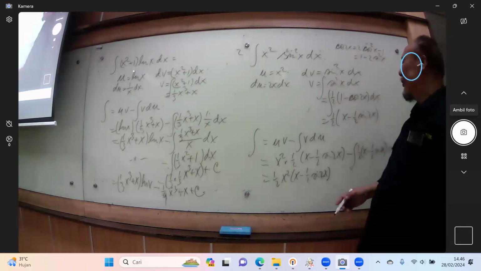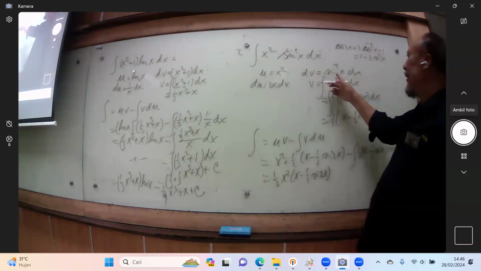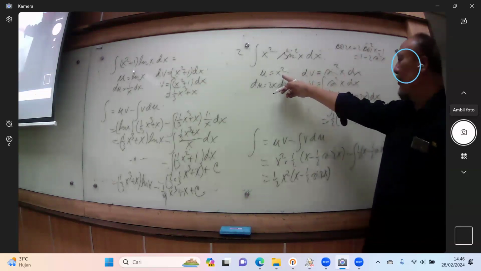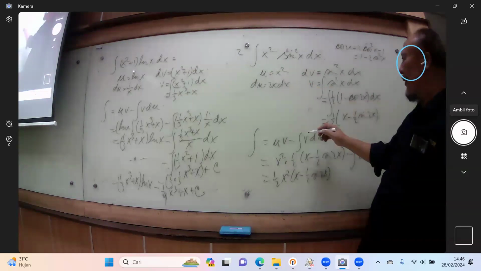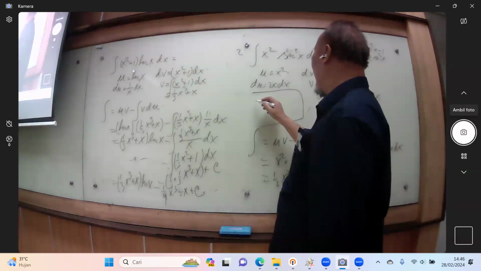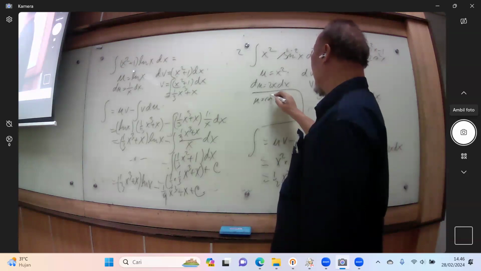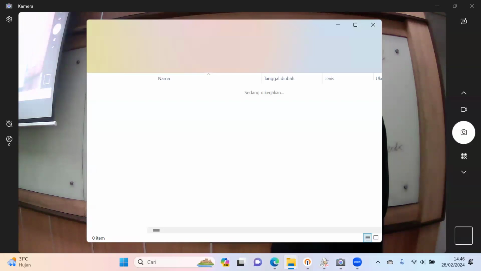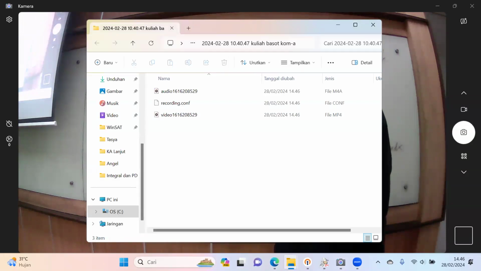If I choose u as sine squared x, then du is 2 sine x cosine x dx, then dv is x squared dx, and v is x to the power of 3 over 3.